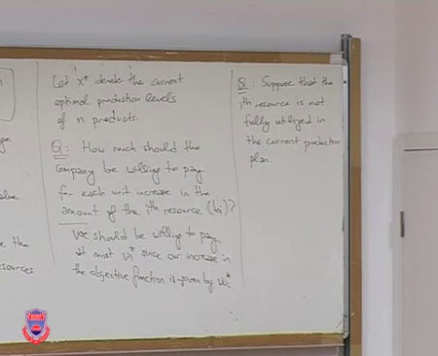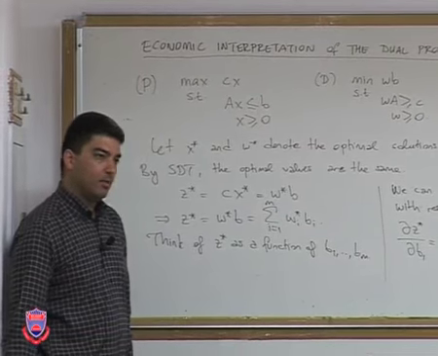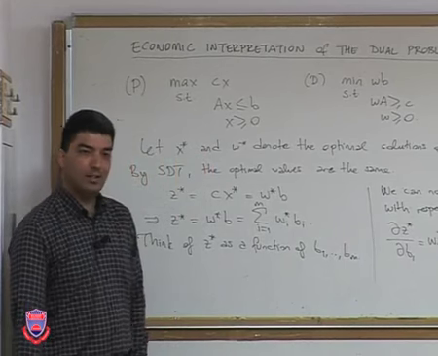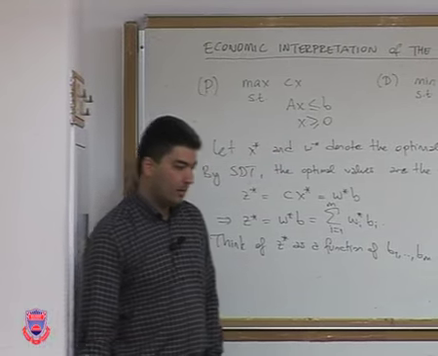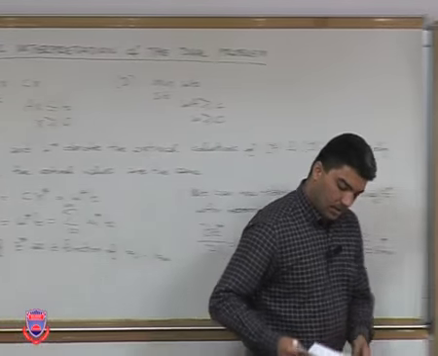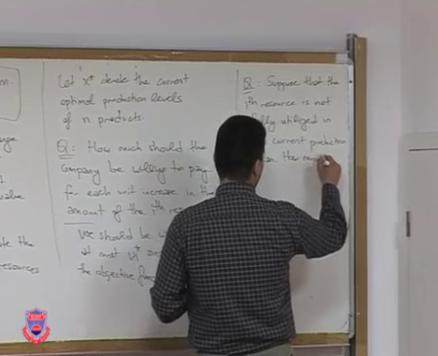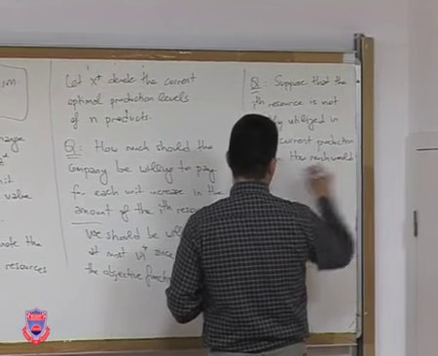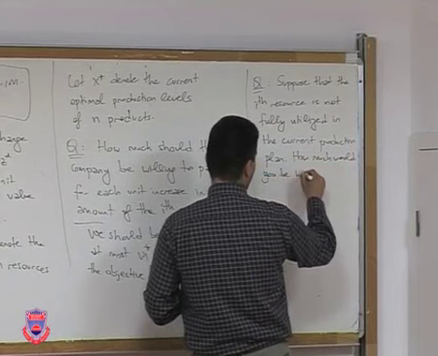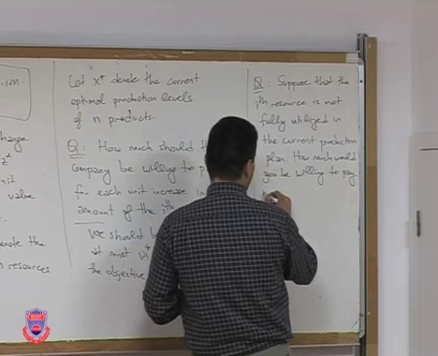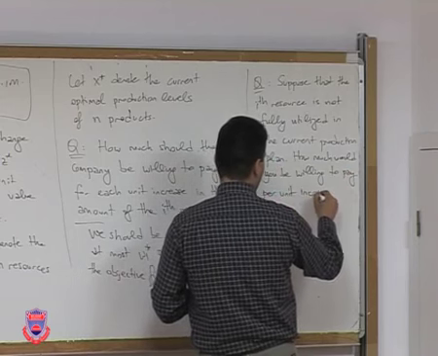Suppose that, for example, I have 200 machine hours, but currently I'm only using 120 in my current production level. Okay? Which means that I have like 80 hours of additional machine time that I could have used, but I cannot use right now. Okay? So the question is the following: how much would you be willing to pay per unit increase in this resource?